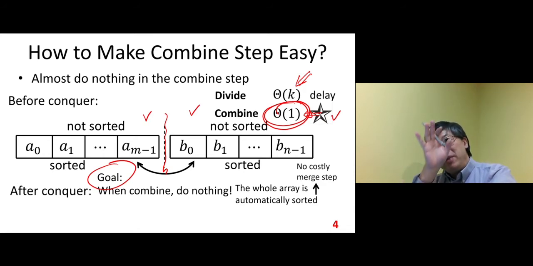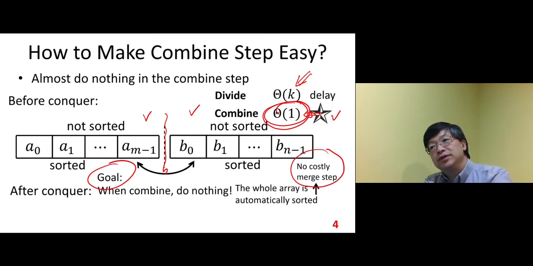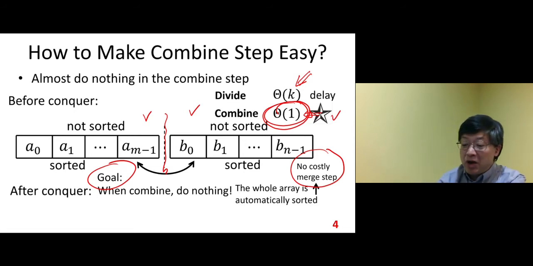If we can make it happen, then the merge step is very cheap. The cheapest we can do, right? But there must be some condition here.